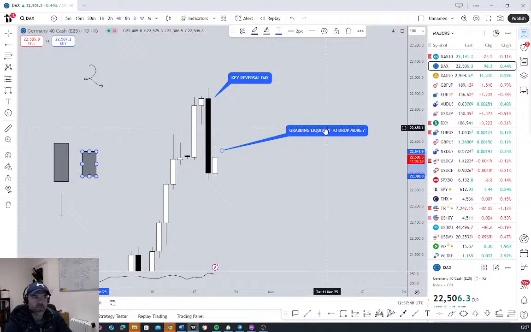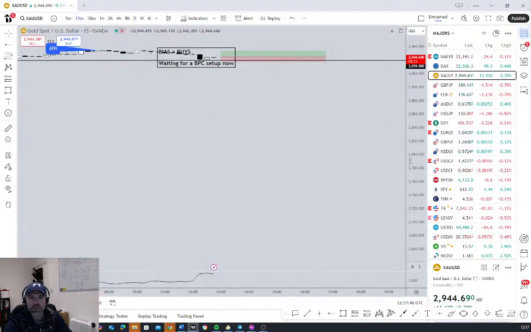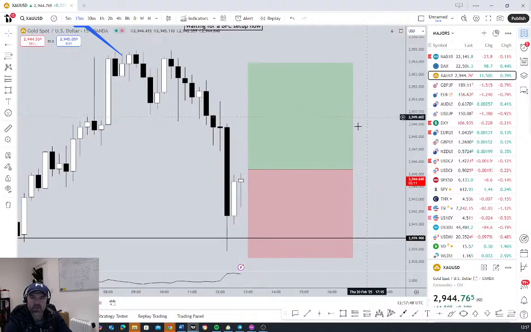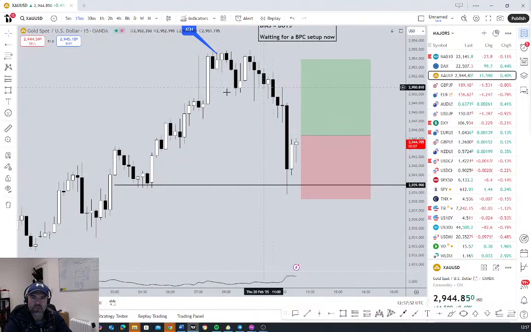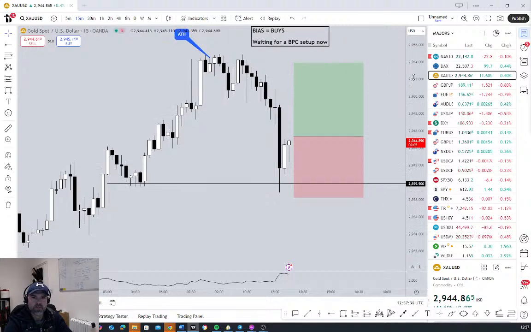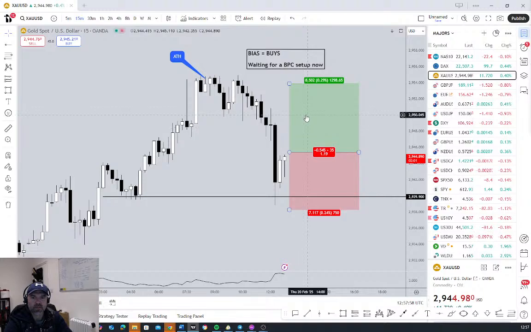Gold might be close to triggering as well, guys. I'll just show you the gold setup, 15-minute chart. So this morning we said we're going to wait for a BPC setup, meaning we want to see the market pull back and then continue.